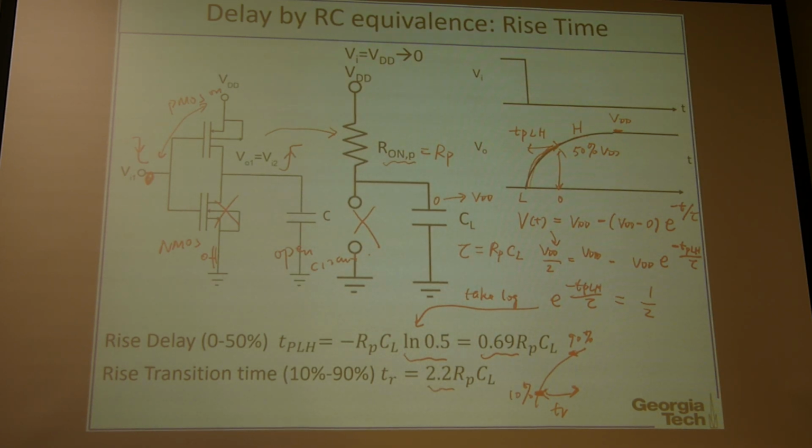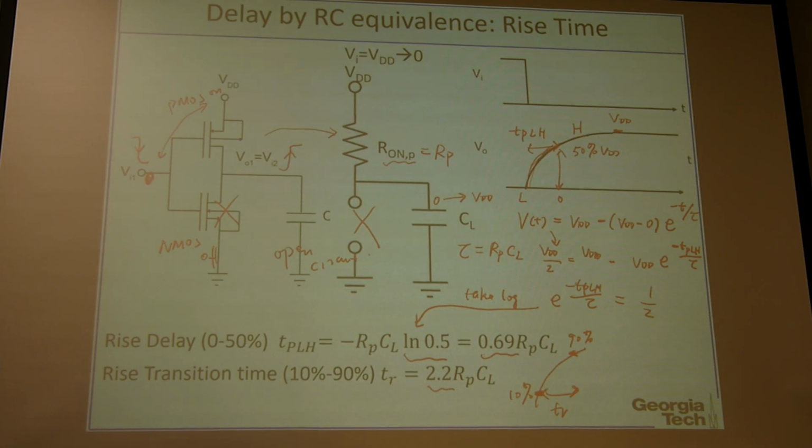That means you have to wait 2.2 of the RC time constant to rise from 10% to 90%. So with a similar approach, you can plug in the 10% voltage here and 90% voltage there, and you can solve for the T, and then you will get this 2.2 coefficient.